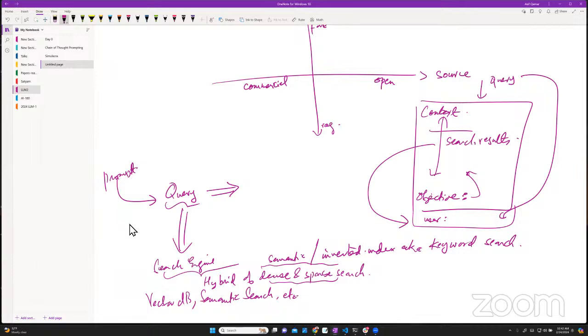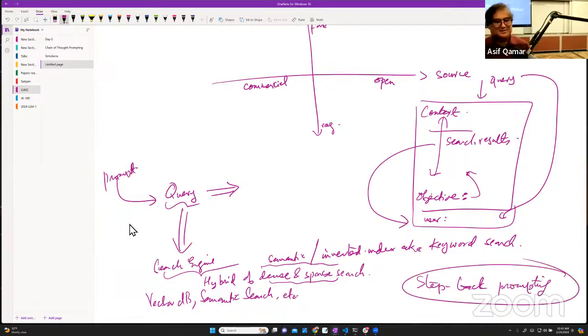Like, is it related to this? Is it given in the context? What is the topic of the question? Is the topic of the question present in the context? And then arrive at the original answer. So some similar kind of step back prompting, but I haven't really tried that. Yes, so I'll put your word on the board.